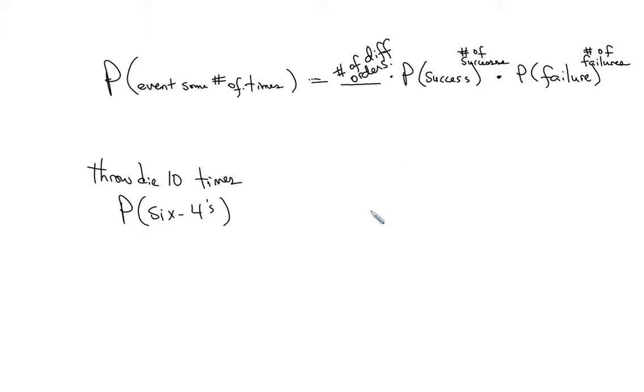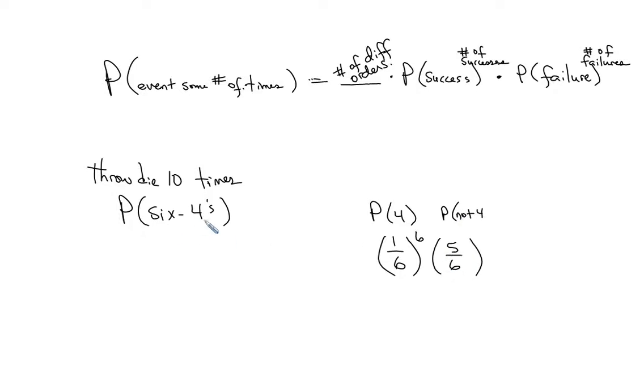So here's the thing, guys. A success would be getting a 4. So what's the probability of getting a 4? 1 out of 6, right? How many of those do we want to get? 6 of them. What's the probability of not getting a 4? 5 out of 6.